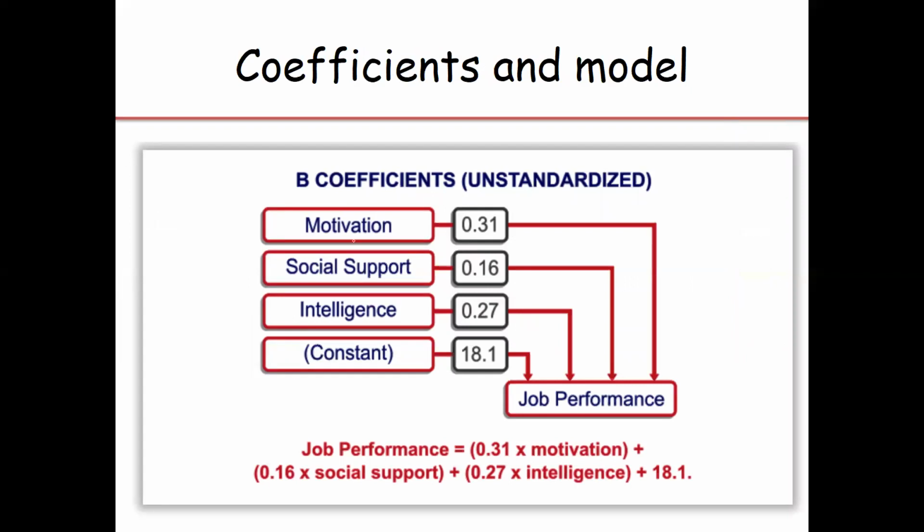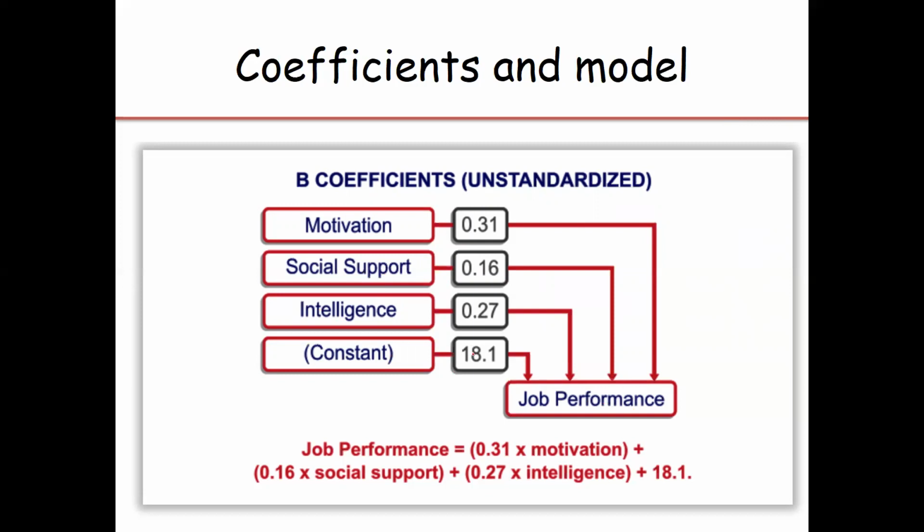These coefficients are represented here. These are the slopes, and this is the intercept. The slope between job performance and motivation is 0.31. The slope between social support and job performance is 0.16, and the slope between intelligence and job performance is 0.27.